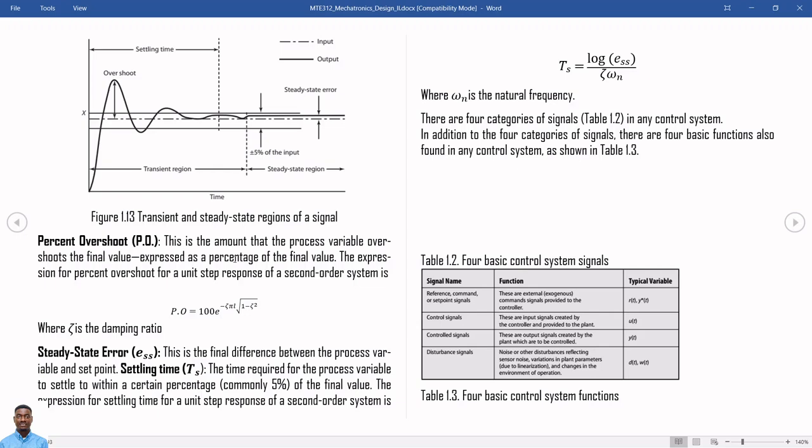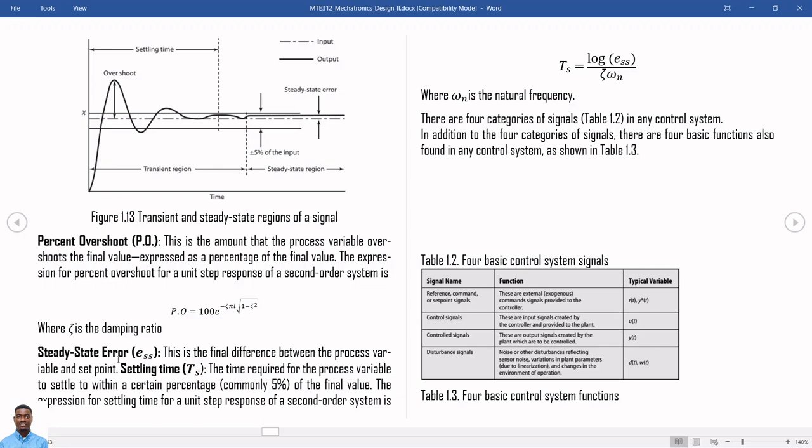The mathematical model is shown here, which is 100 e to the power of minus the damping ratio times pi, over the square root of 1 minus the damping ratio squared.